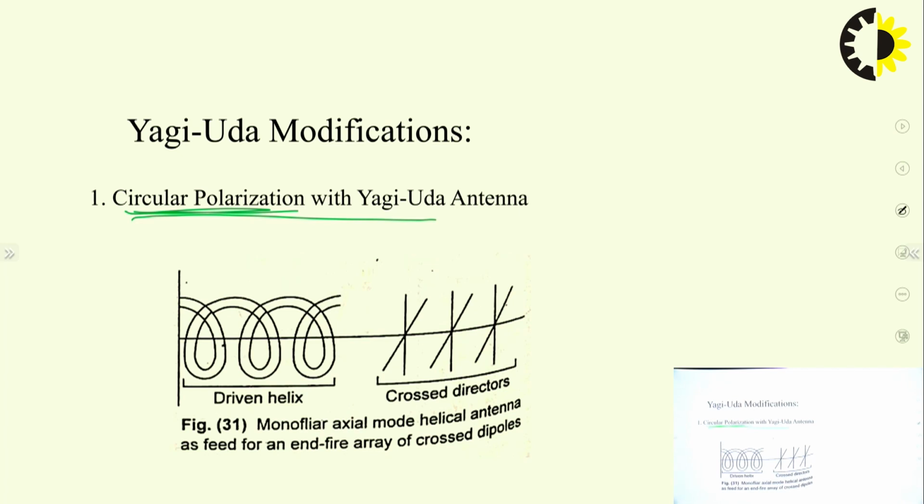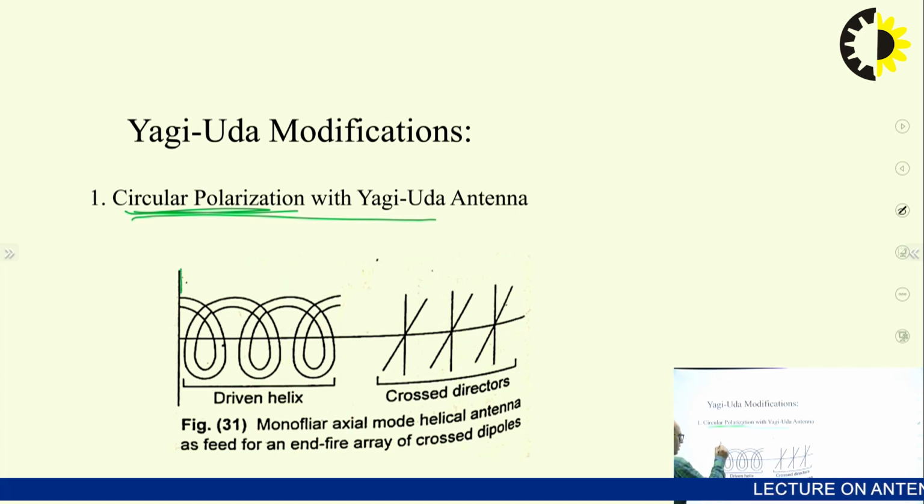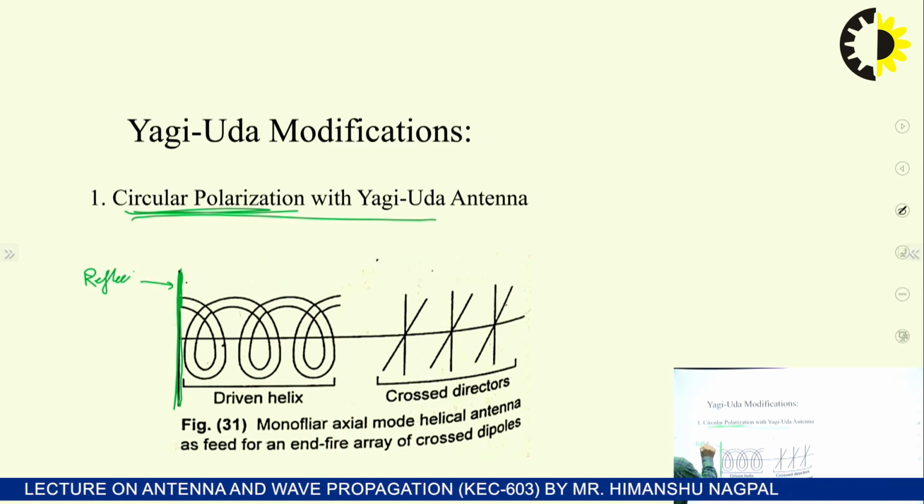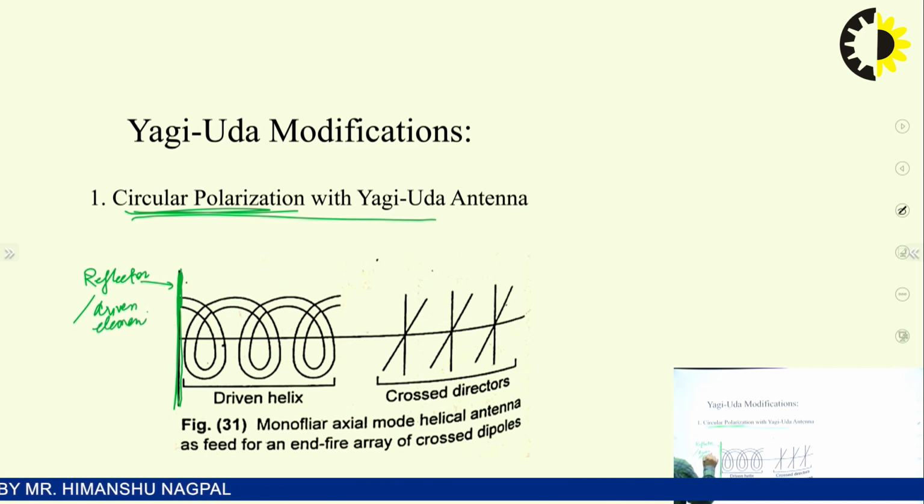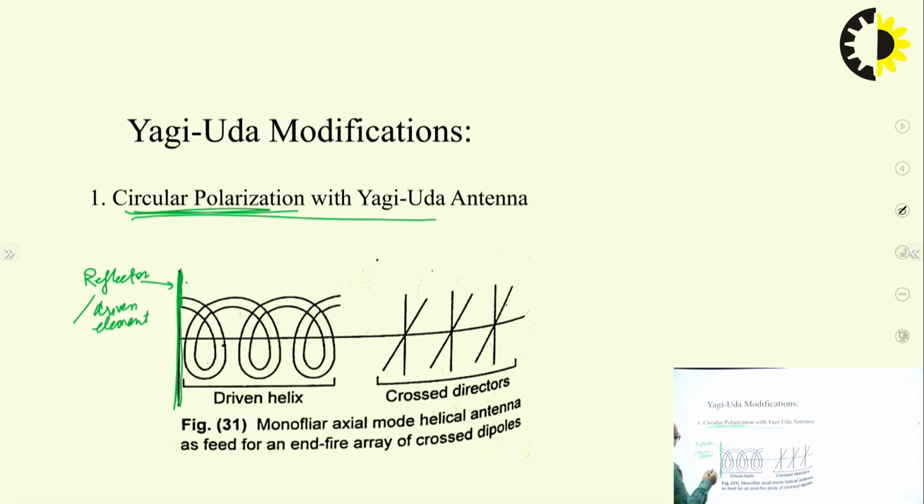So you will see here that this will act as a reflector or driven element, and the power which is supplied to this wire or conductor is in the shape of a helix.